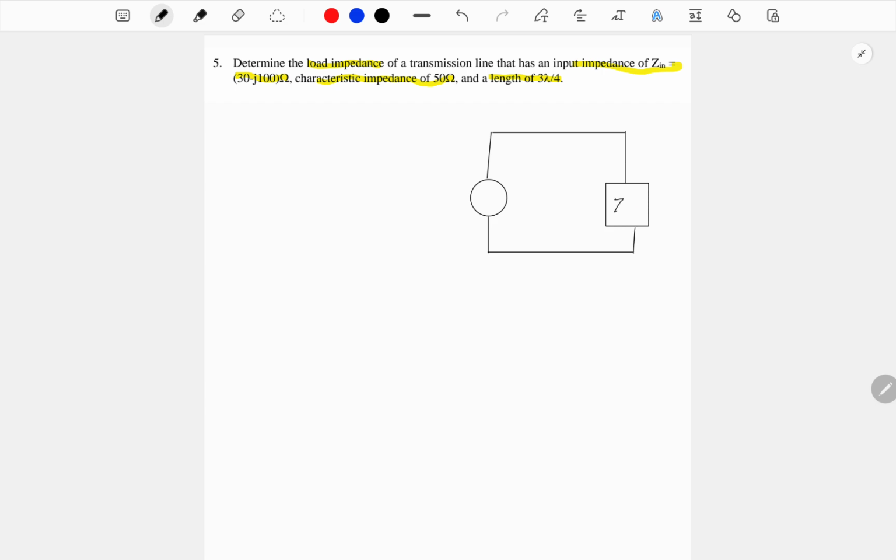The load impedance we don't know. We know that the input impedance is 30 minus j100 ohms, so that's going to be the impedance of the generator. And this is going to be 30 minus j100.